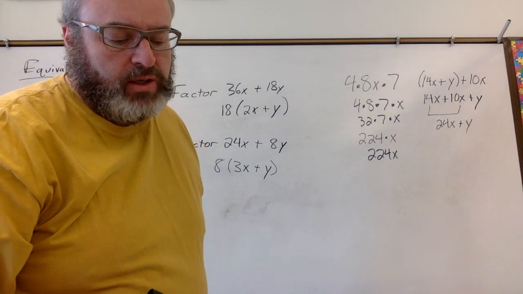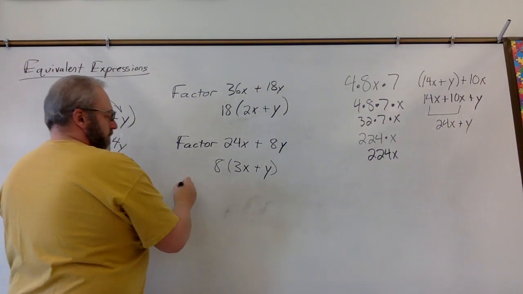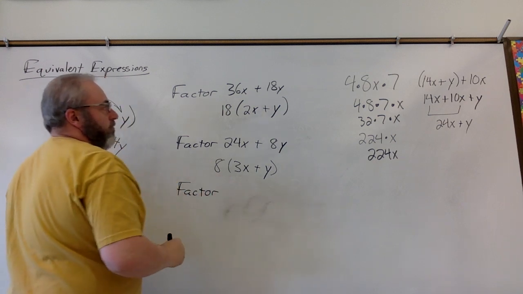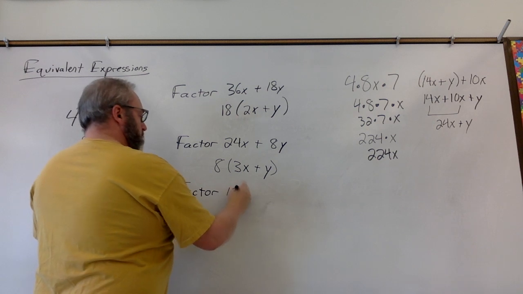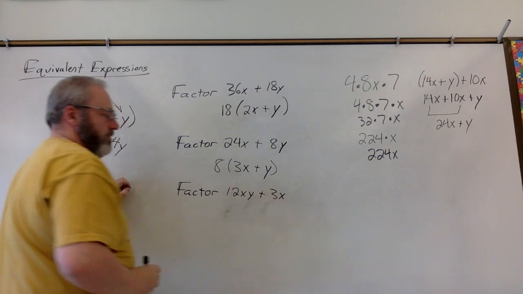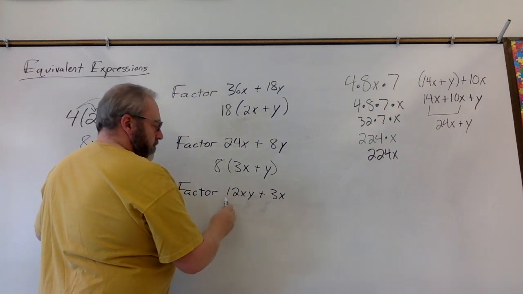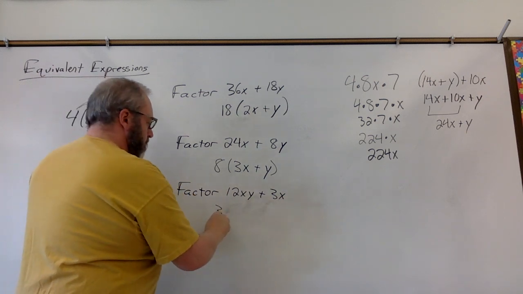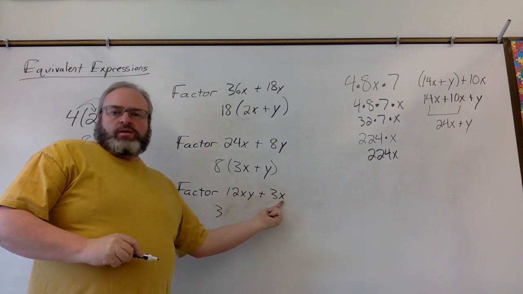Now, sometimes we might even have something else we can pull out. What if we had this? What if we had 12xy plus 3x? Okay, well, what number will divide evenly into 12 and 3? Well, that would be 3. But if we look at variables, this has an x, this has an x.